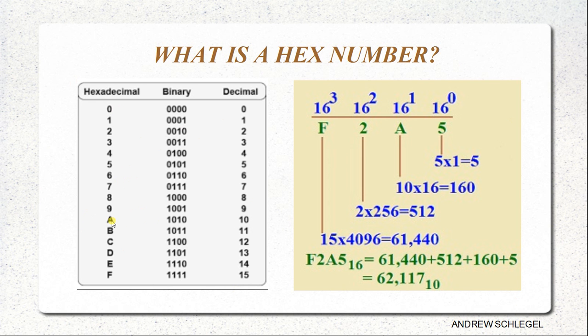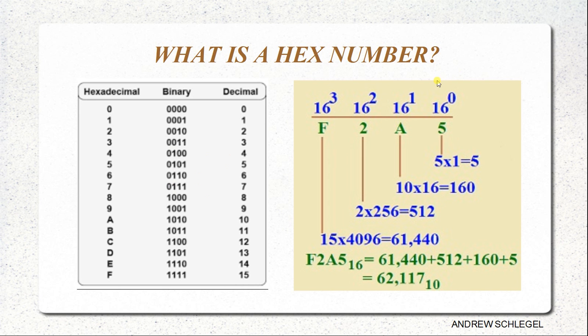And then when you get to 10, it's A, B, C, D, E, F. And then the binary: this is your 1's place, 2's place, 4's place, 8's place. So this is 1, this is 2, 1 and 2 is 3, this is 4, a 4 and a 1 is a 5, a 4 and a 2 is a 6. You get the idea.